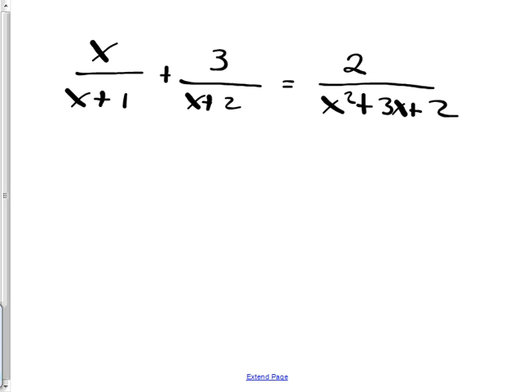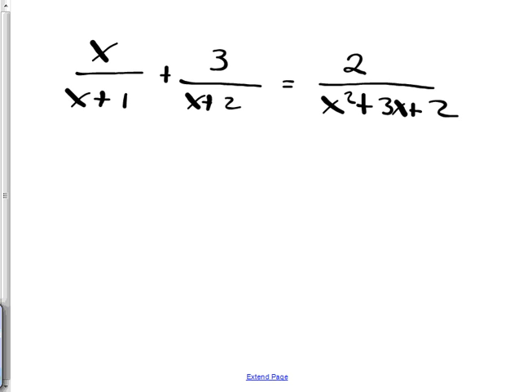Let's see who can figure that one out. It's not rocket science. It's not like, oh my gosh, I have to be a genius to get this one. Give it a shot. I'm trying to clear out that denominator. I'll pause for a second while you work on that.